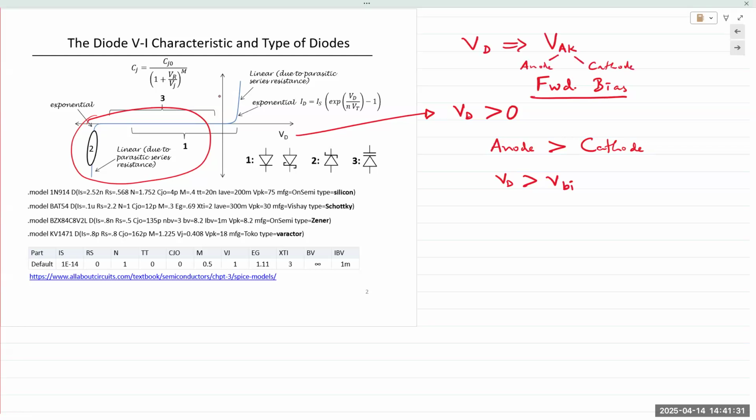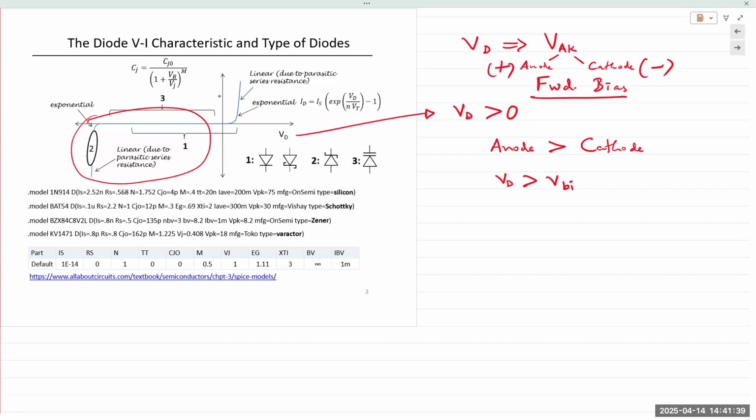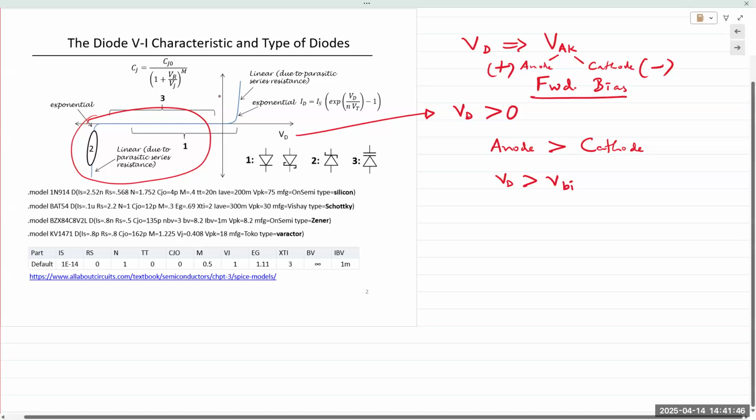The anode is connected to the positive terminal of the meter, the cathode to the negative terminal. When someone references diode voltage, we are always referring to the voltage at the anode, and the reference point is at the cathode. Positive at the anode, negative at the cathode.